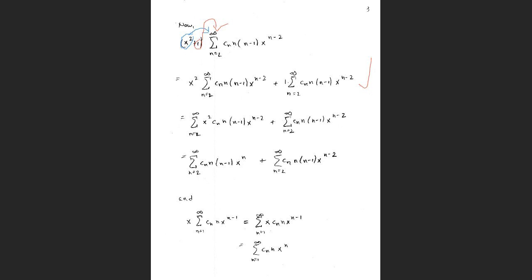The function x squared isn't dependent on n, so I can treat x squared like a constant with regards to the power series it's multiplying, and just bring x squared inside the power series. Then I multiply x squared by x to the n minus 2 power, and that gets me x to the n power.